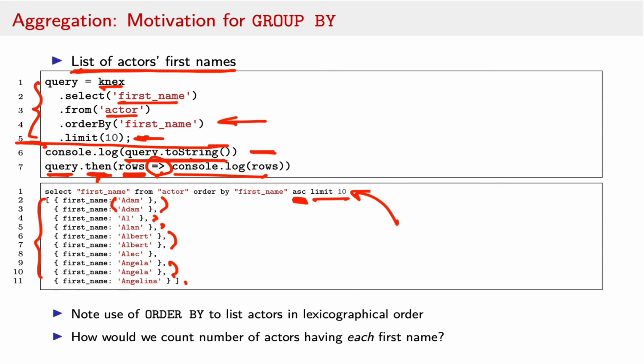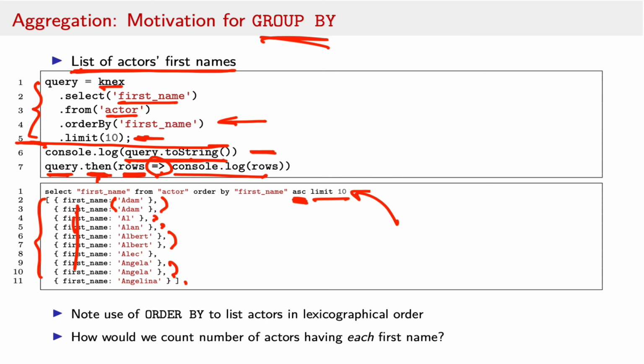And that's the kind of thing that we can do with an aggregation operator using group by. One way to think about what group by does is to either actually run this kind of a query here, or just imagine what this query is going to look like. I've got two rows here that are going to say Adam, and then two Alberts and two Angelas and so forth.